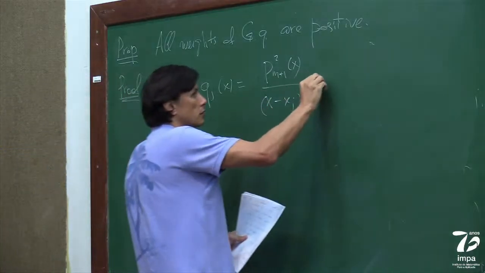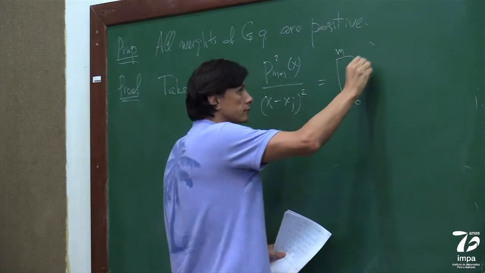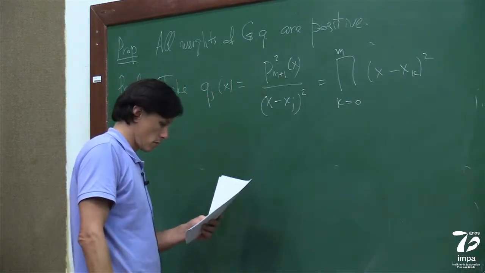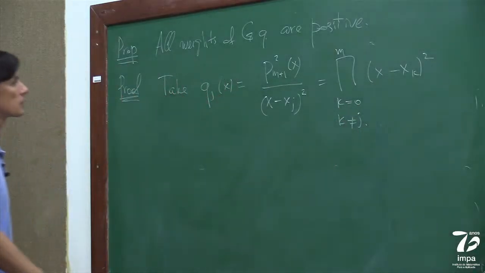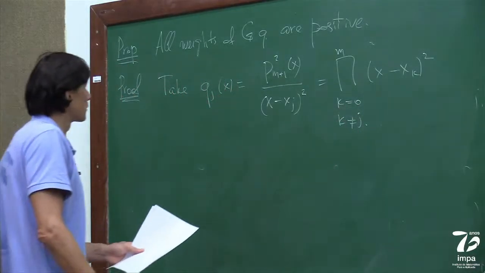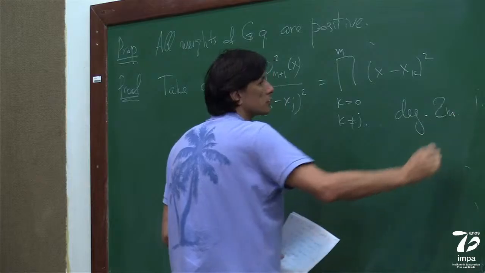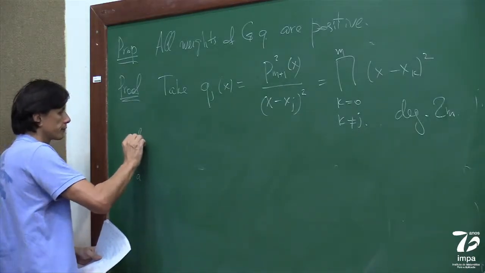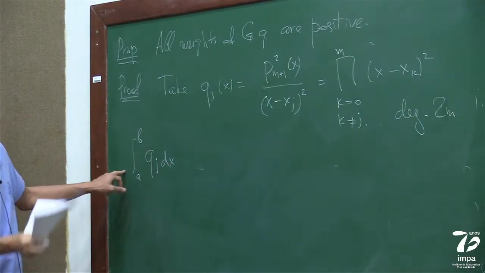So essentially it's a product of all squared terms except the j one. So let's take this polynomial, and this has degree exactly 2m. So let's compute its integral. Integration should be exact by the Gaussian quadrature.